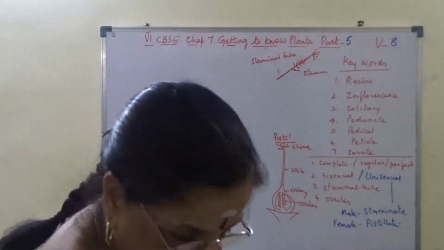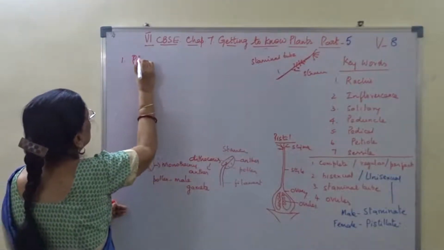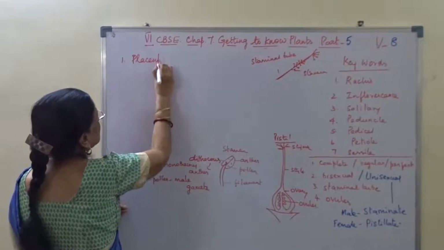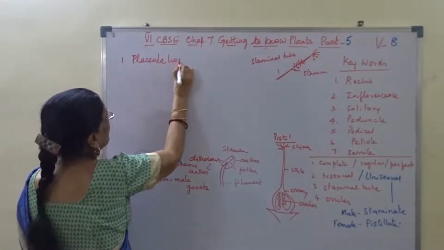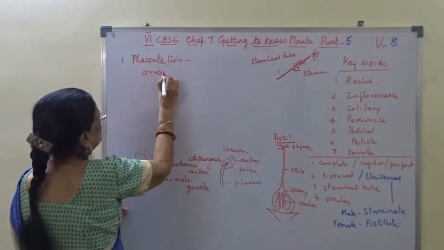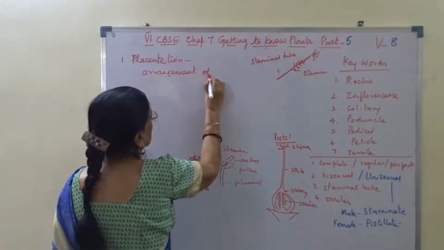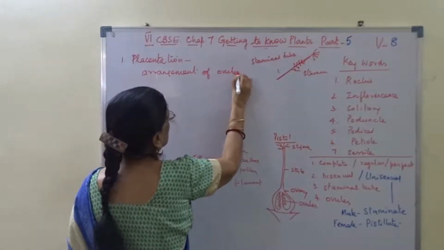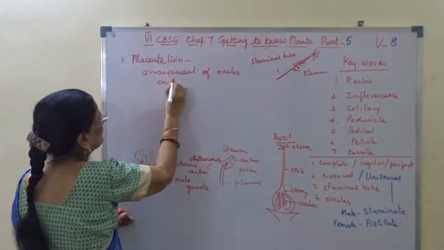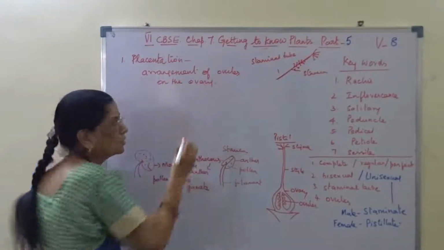The arrangement of ovules on the ovary is called placentation. This is in our book: arrangement of ovules on the ovary.